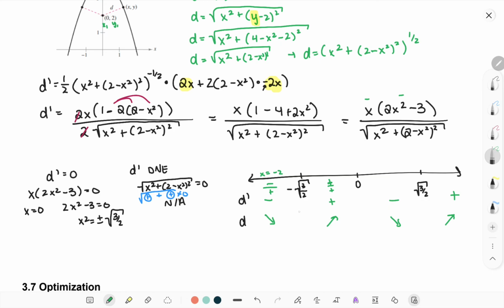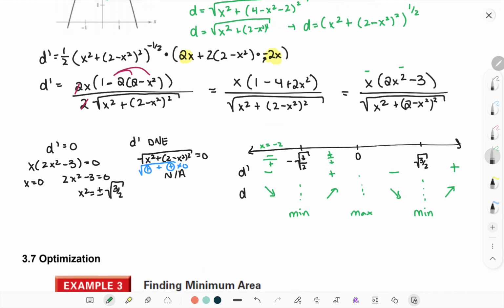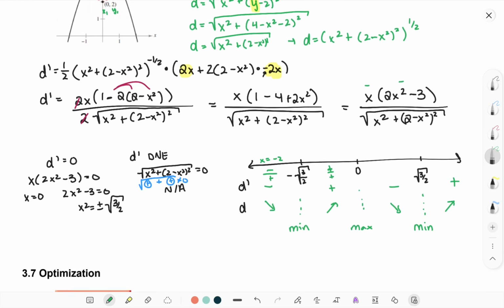What that tells me is that x equals negative root 3 over 2 is a minimum. This tells me that x equals 0 is a maximum. And it tells me that positive root 3 over 2 is another minimum. And because we're on an open interval, we're just assuming local, not absolute.